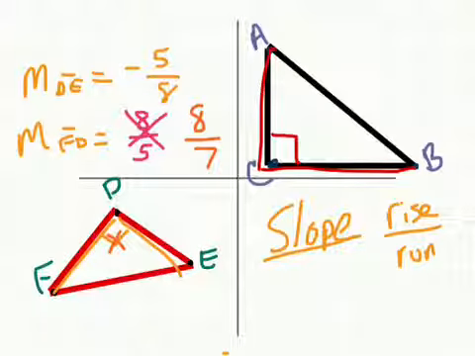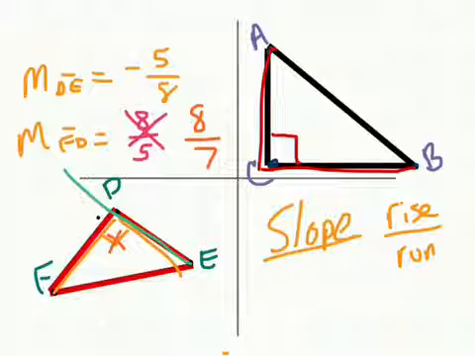So first I'm going to just extend this line out a little further. Let's see if I can do that a little better. Try that one more time. So I'm going to extend that line out a little further, and then 8/7, if it was 8/5, then that point would be right here.